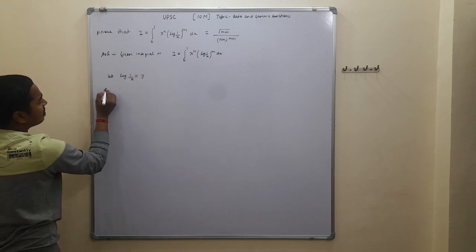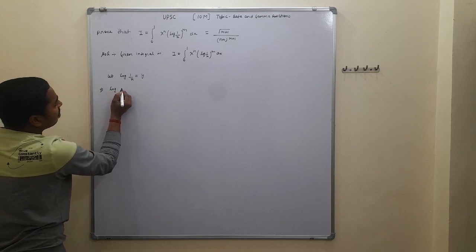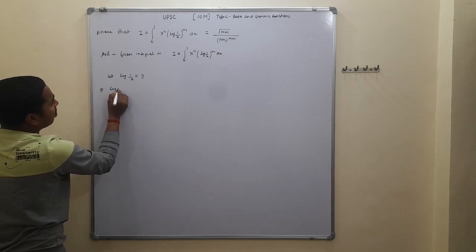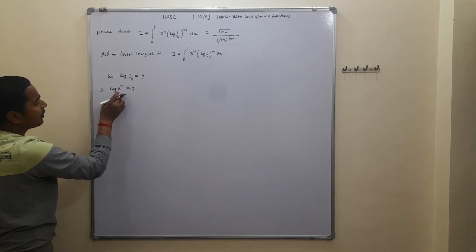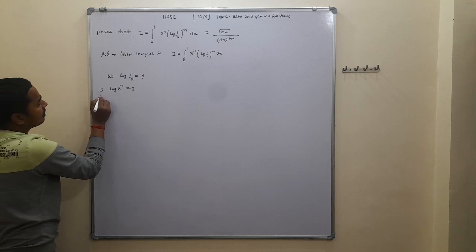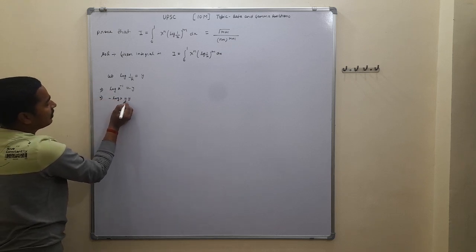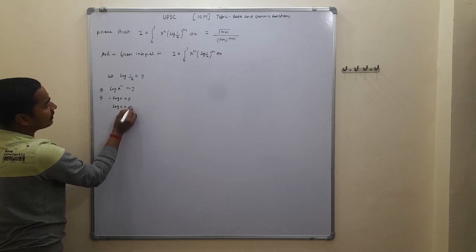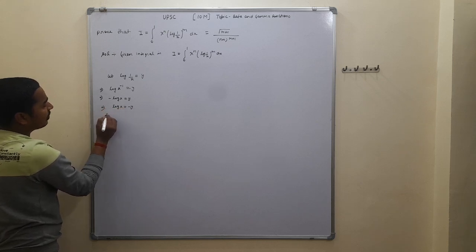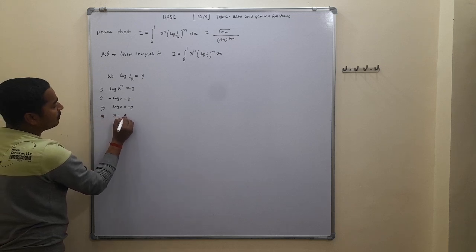We can also write this as log of x to the power of minus 1 equals y, and using the property of log, minus log x equals y. From here log x equals minus y, and we can also write x equals e to the power of minus y.